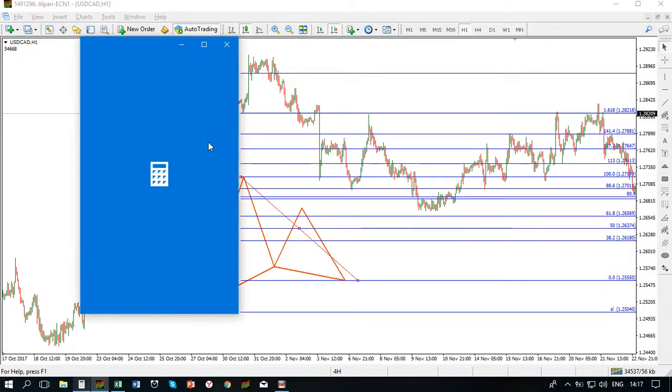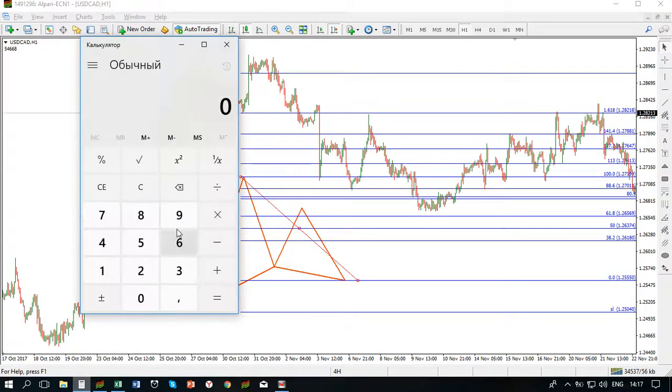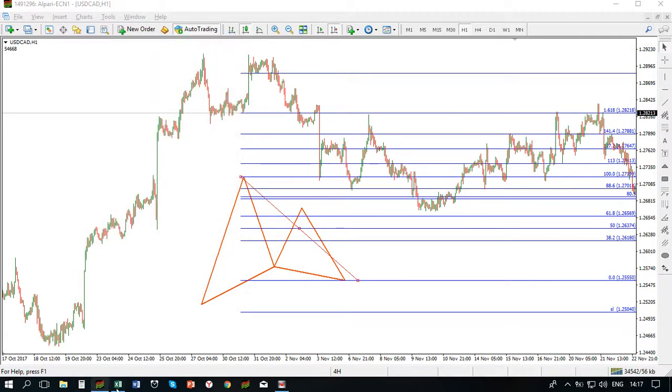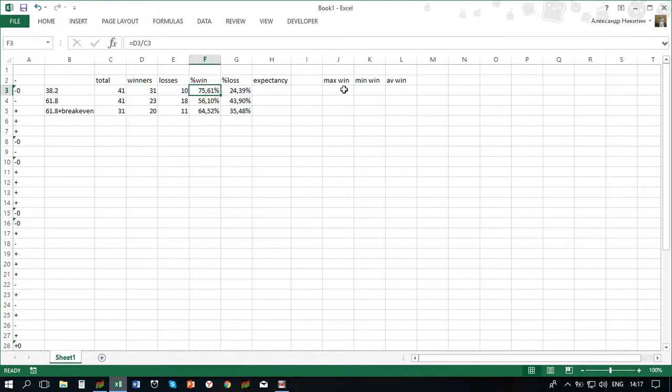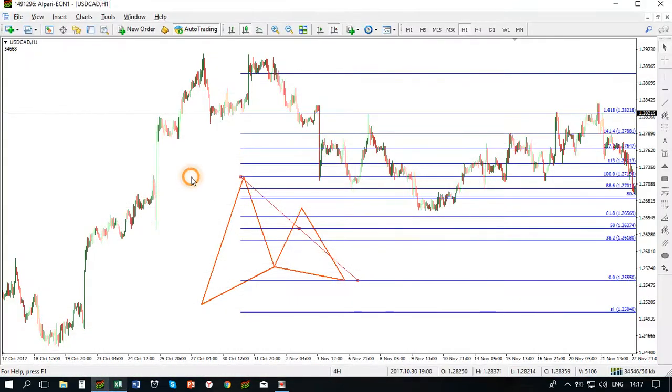So if we divide this 63.4 by 50.4, it equals 1.25. I will tell you the truth. The correct calculation says that it is 1.23, a bit less, but it doesn't matter.